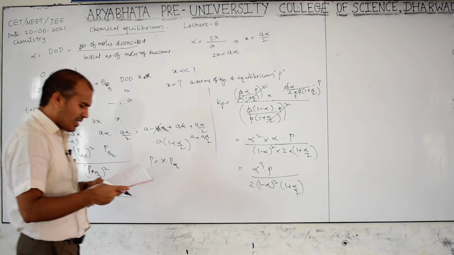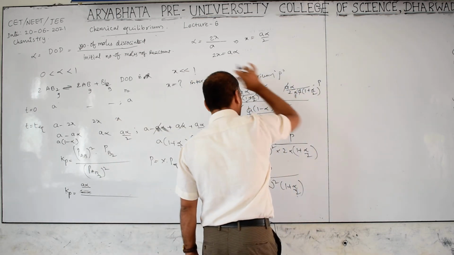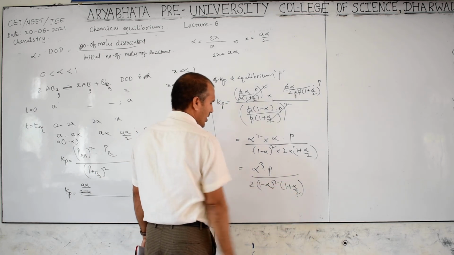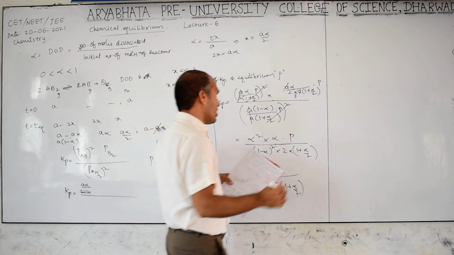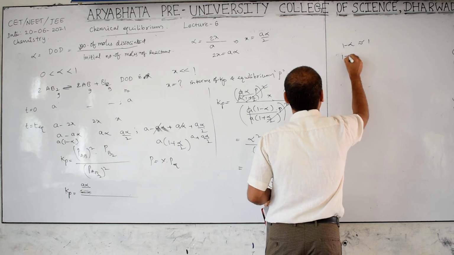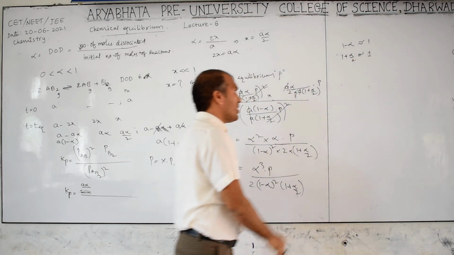If alpha is less than 1, it means x is less than 1, then this is neglected, and this alpha by 2 also neglected. So keep in mind 1 minus alpha is equal to 1, 1 plus alpha by 2 is also nearly 1, because it is less than 1.